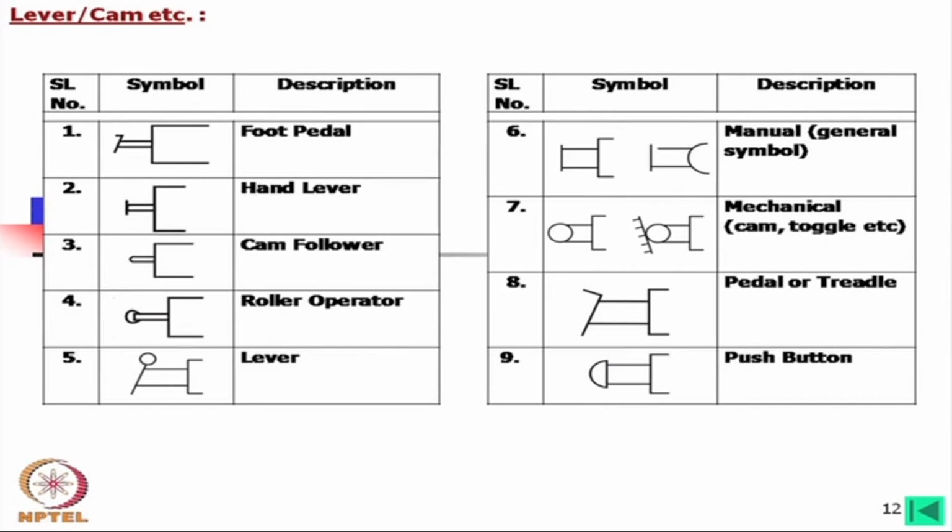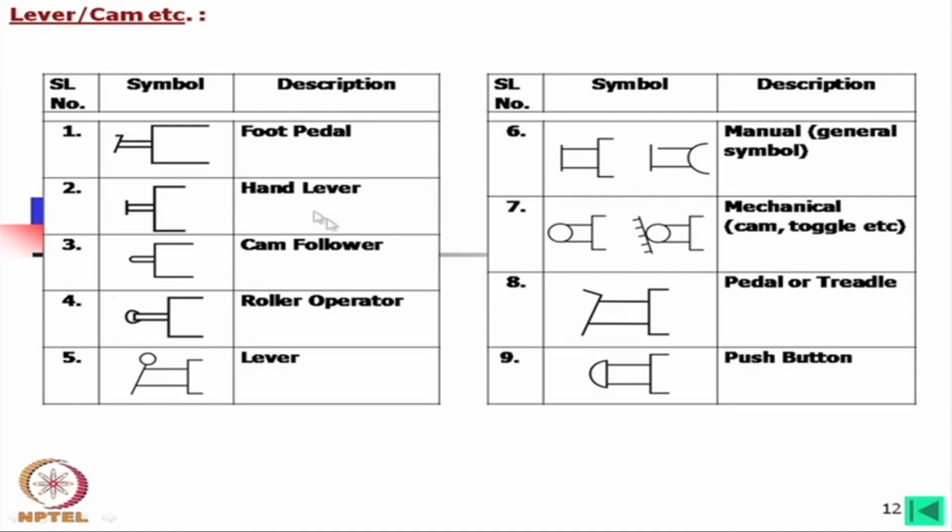Now, this general symbol is manual, it is like that. I think this line will be completed up to this point, but the important thing is that the other side is extended, and this is a cam or toggle, meant by this one.